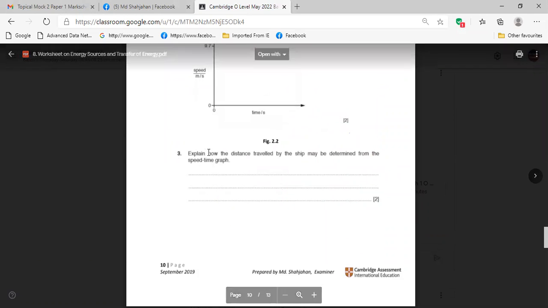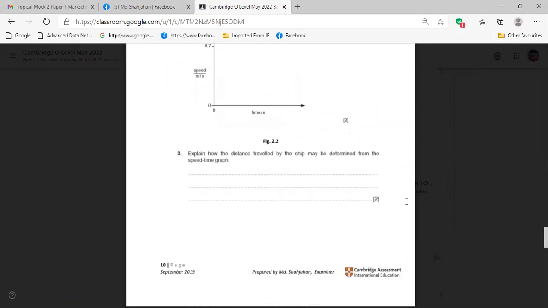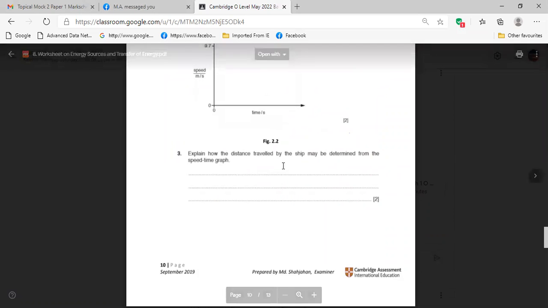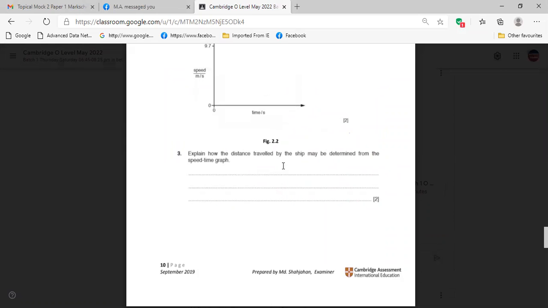Read this last part. Explain how the distance traveled by the ship may be determined from the speed-time graph.